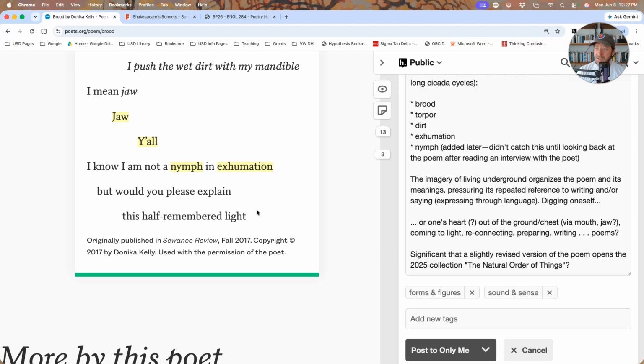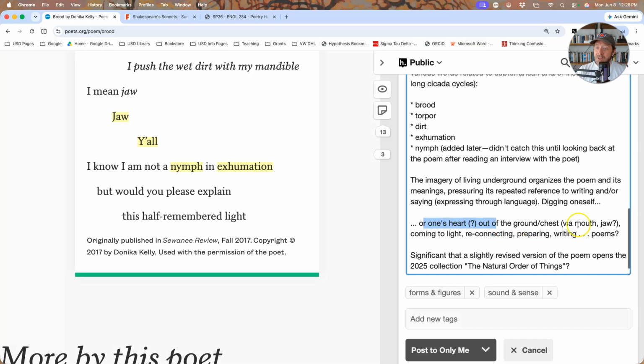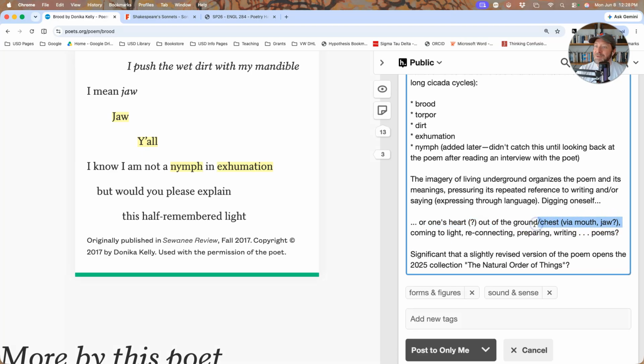All of that is organized around imagery of being underground, with repeated references to writing, to speaking, to meaning, to revising. The use of language, choosing to start expressing oneself in language, correcting oneself with language, is in that sense tantamount to digging oneself, or digging one's heart, right out of the ground, using whatever means are possible.